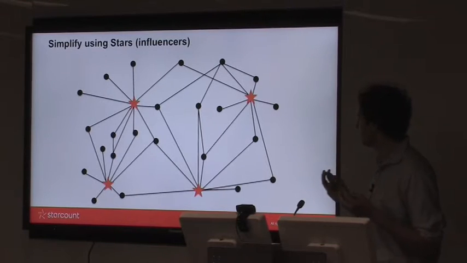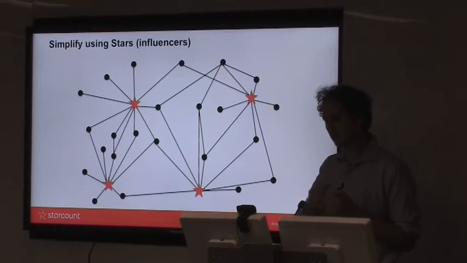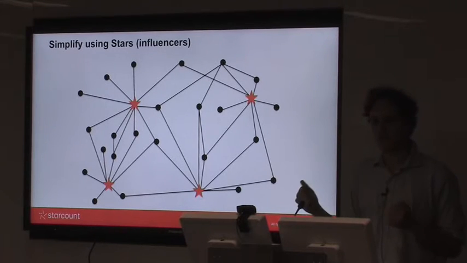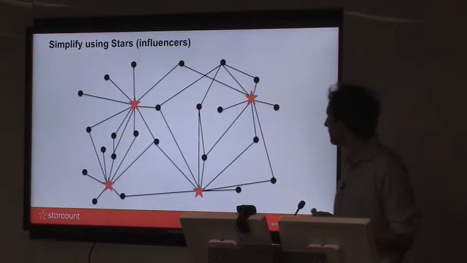We've identified these stars across all the different social networks, and we found there to be around 200,000 in the world across the major networks. So that means there's basically like 200,000 famous entities in the world, which is quite cool.